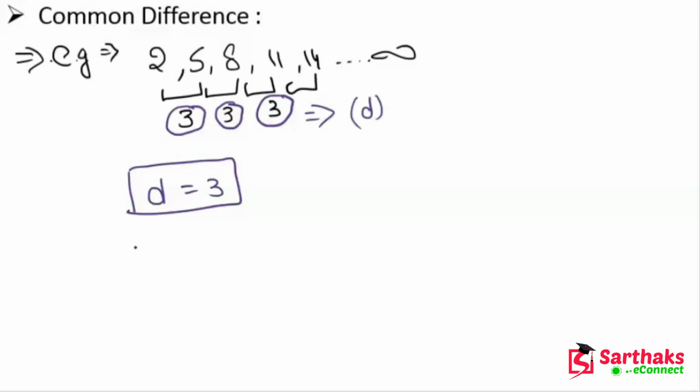As it is the difference between any two consecutive terms of an AP, there are three conditions for the common difference.